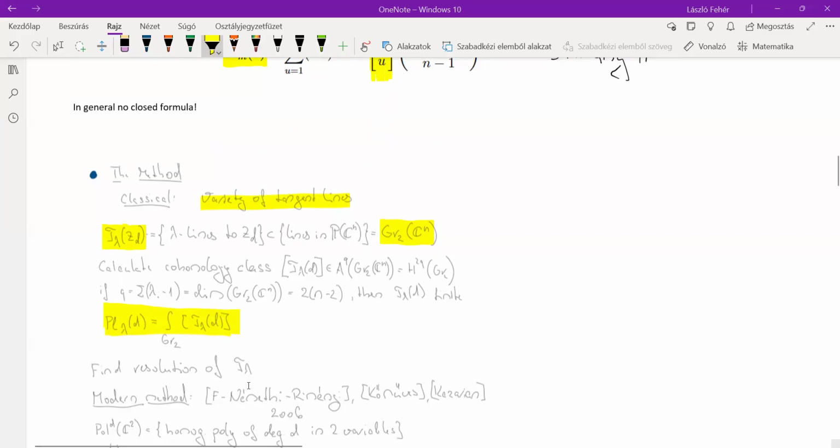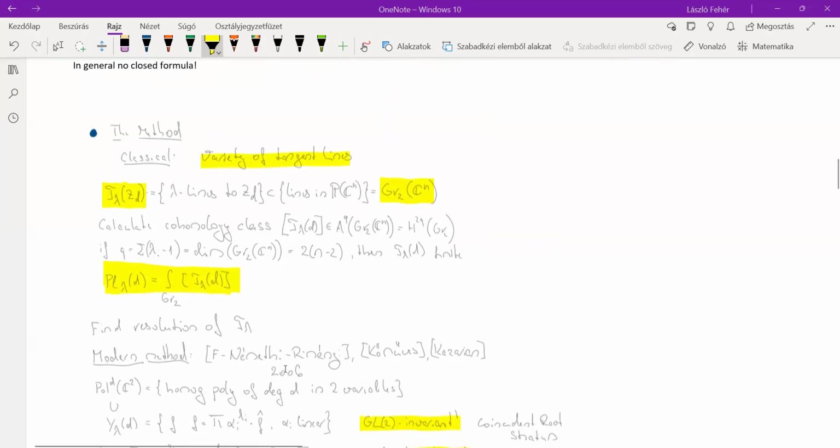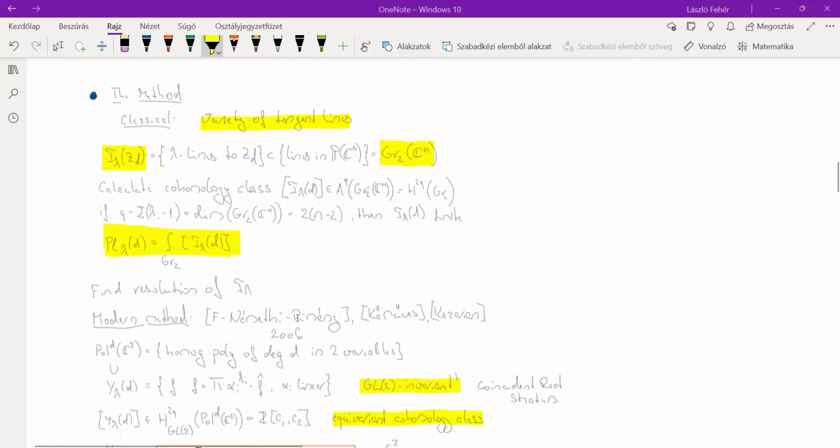Okay, so how can you calculate this? You need to find a resolution of this variety, even if it's not zero-dimensional.